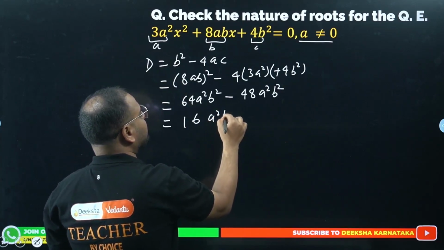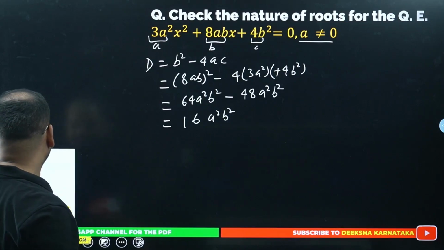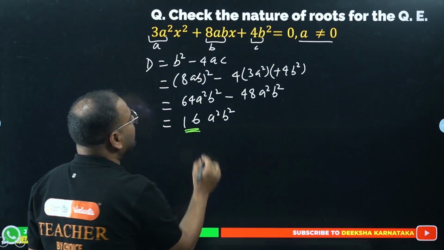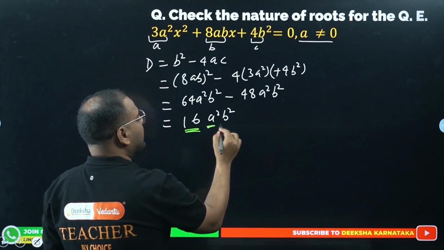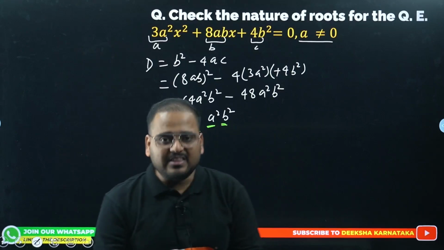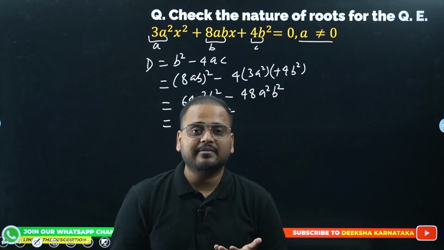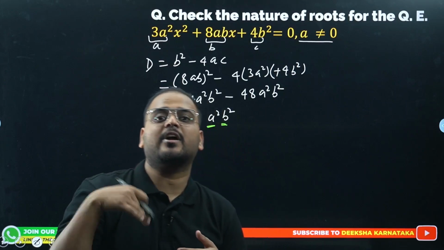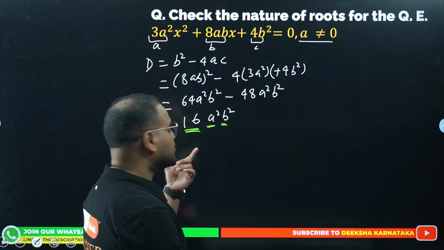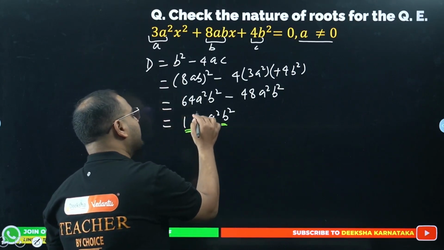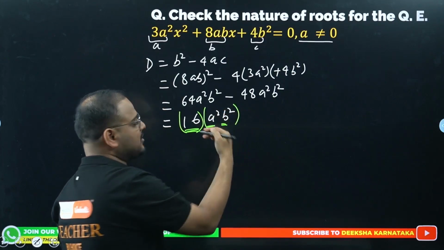Now check it out here. 16 is a positive number, and A square and B square. Can the square of any number ever be negative? Even if the number is negative, if you square it up, it becomes positive. So overall, we have a positive number multiplied with a positive number.